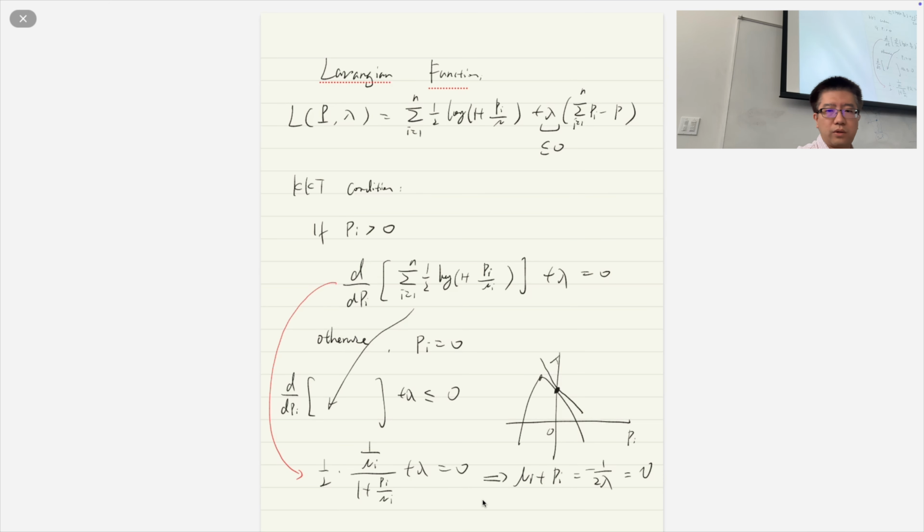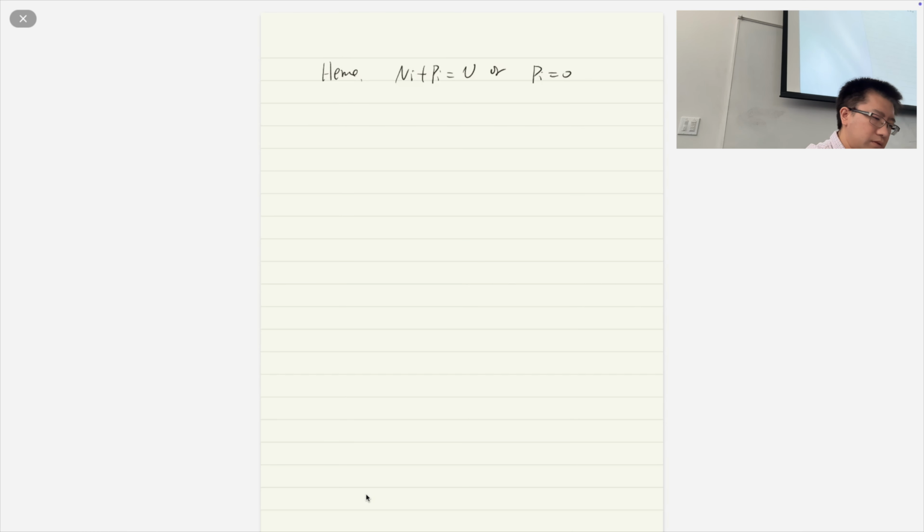So ni plus pi has to equal nu, or pi equals 0. When pi equals 0, it basically means that this guy is less than 0, and when this guy is less than 0, it means ni has to be bigger than or equal to nu.